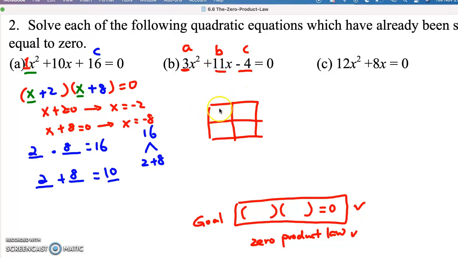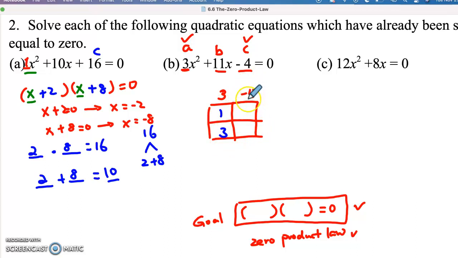So the first column you're going to fill with the factors of a, which is 3. For the second column, you're going to fill the factors of -4, which is c. So for 3, you can just take 1 and 3. You don't have other choice, right? Only 1, 3.